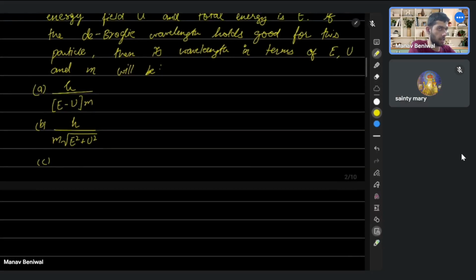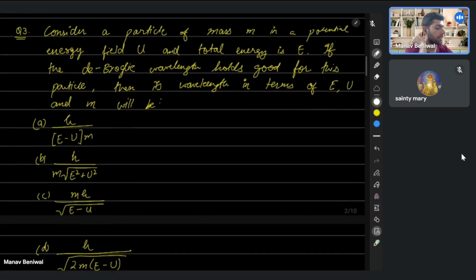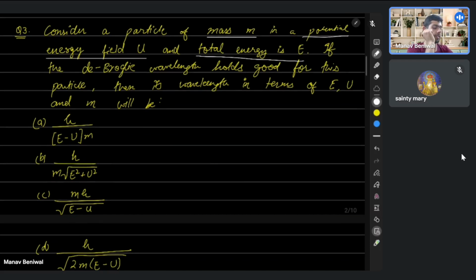Then option C is mh times under root E minus U, and option D is h over under root 2m E minus U. Okay, now we are given mass m, we are given potential energy U, and we are given total energy is E.